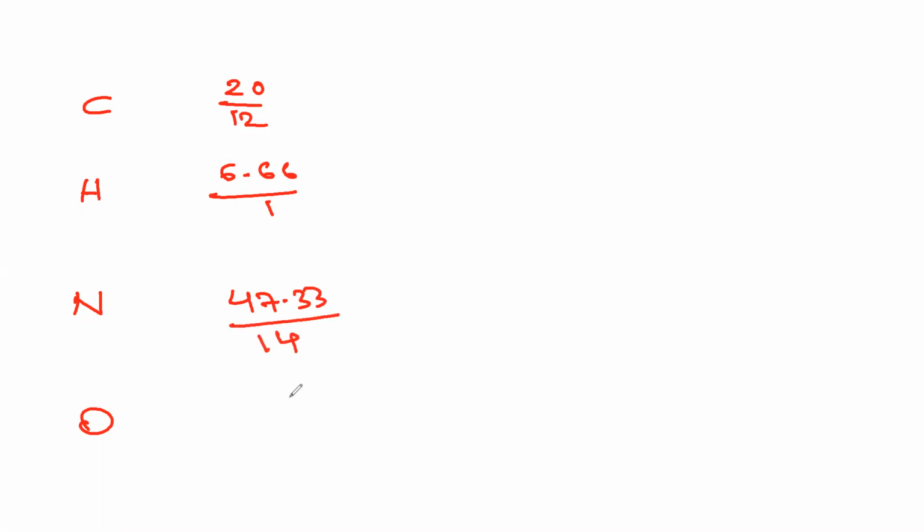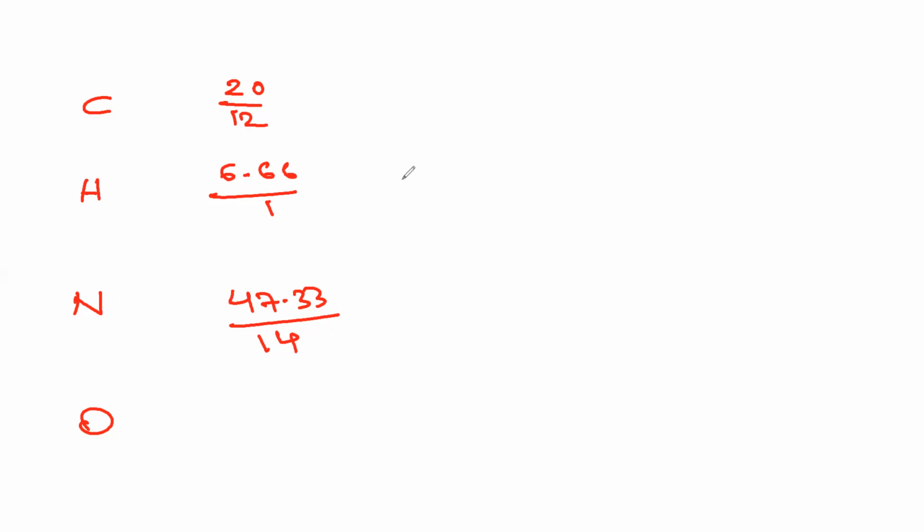And similarly oxygen. If we take 20 plus 6.66 plus 47.33, it adds up to 73.99. So after adding carbon, hydrogen, nitrogen, we get 73.99.